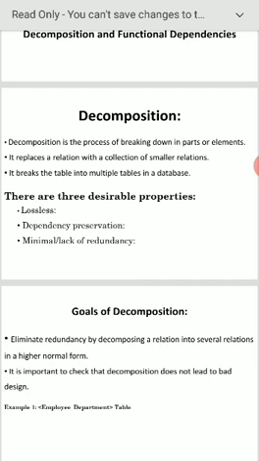Information should not be lost. If you lost the information, it is not proper decomposition. You have to concentrate on how we can do the decomposition, when you can do the decomposition, where you can do the decomposition.